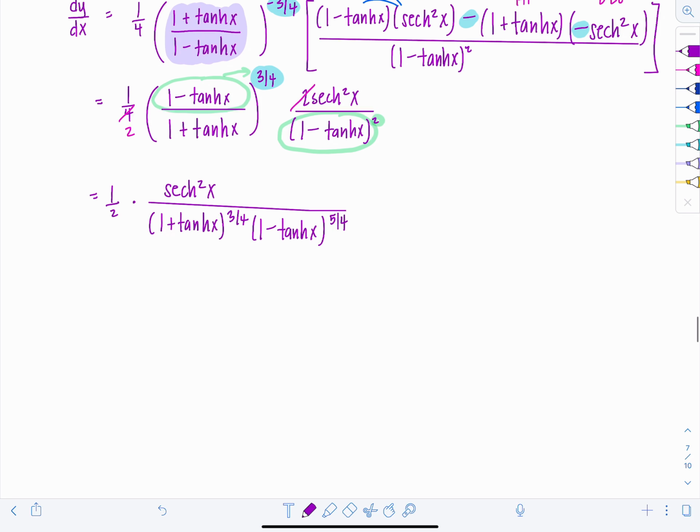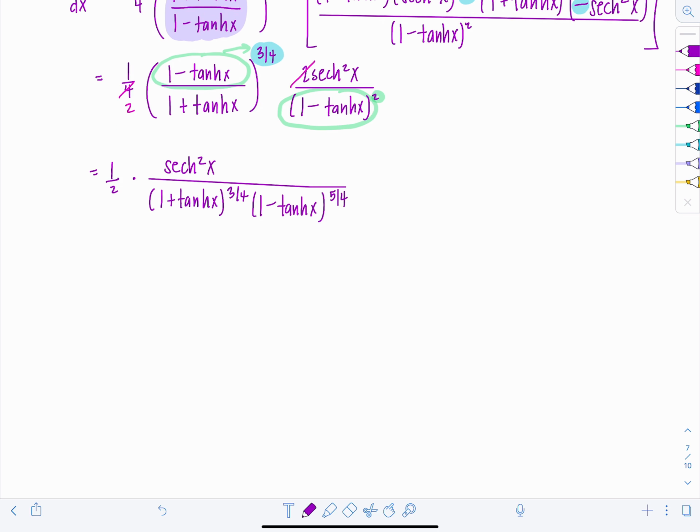Good. So you could leave it like that, or if you want to rewrite everything with radicals, then you would have sech squared x, don't forget the h, over, here we go, 2 times the 4th root of (1 plus tanh x) cubed, and then (1 minus tanh of x) to the 5/4.